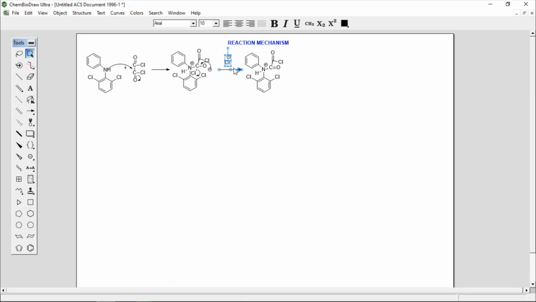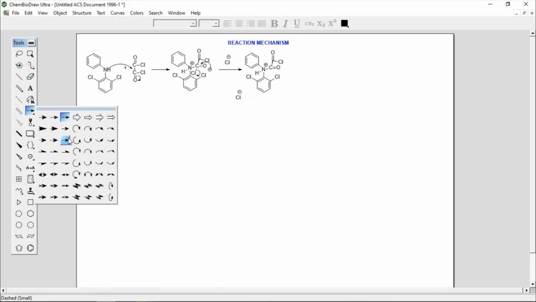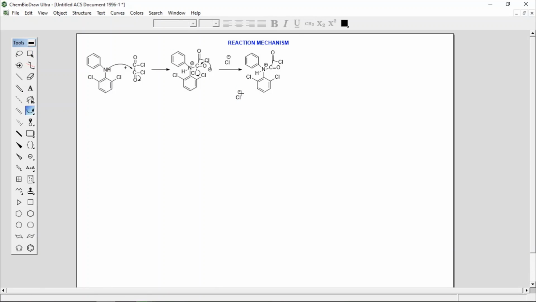And it is taking that hydrogen from this quaternary nitrogen to stabilize that nitrogen.